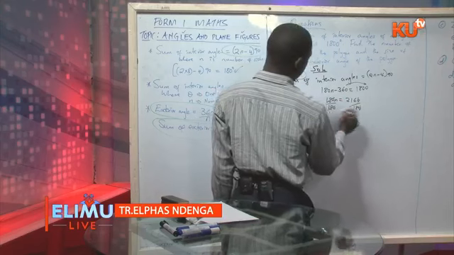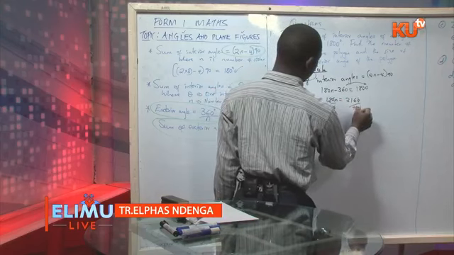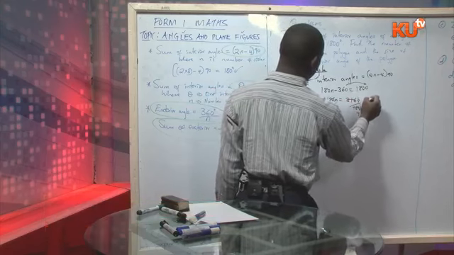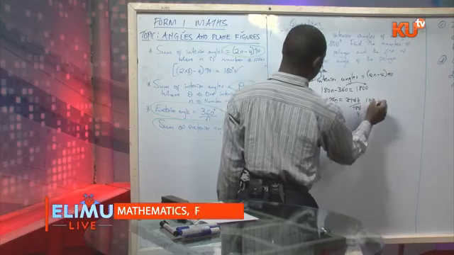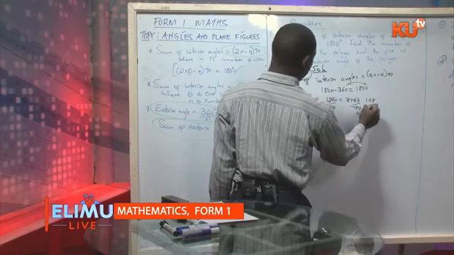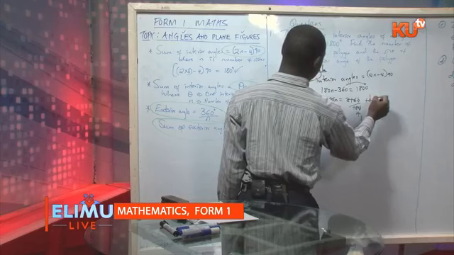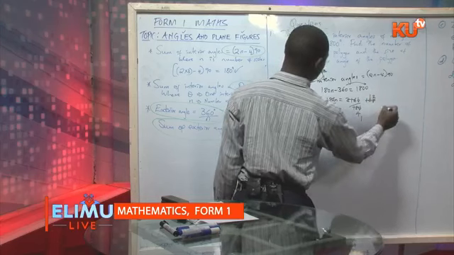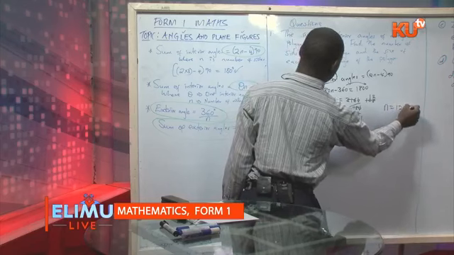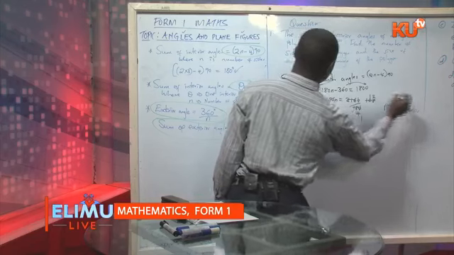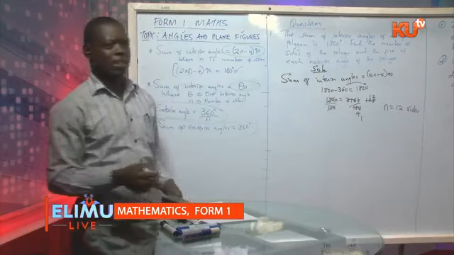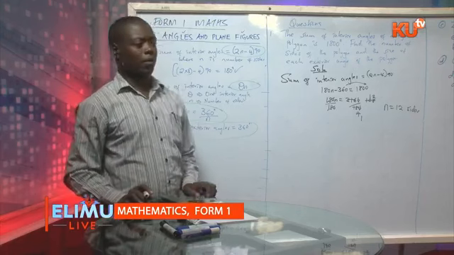This cancels out. 2 nines are 18, 2 at this point is 10, 8. 9 here is 1, 9 here is 1. And this is 18. That is 12. So it means n is 12 sides. So how many sides? 12 sides.